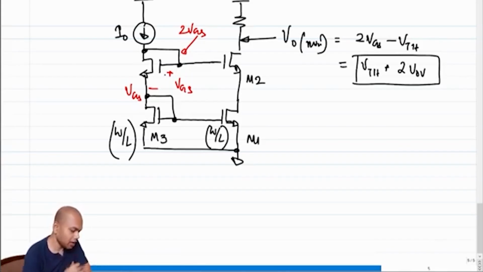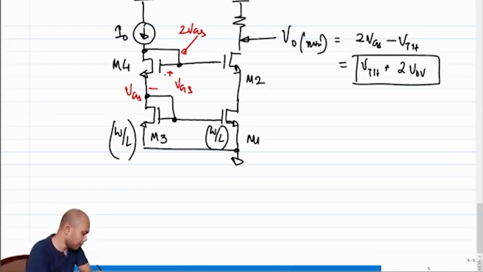So the drain voltage of M2 need not be the same as the drain voltage of M4. Since they are not the same, the incremental current in both the branches will also not be identical to the nth decimal place.